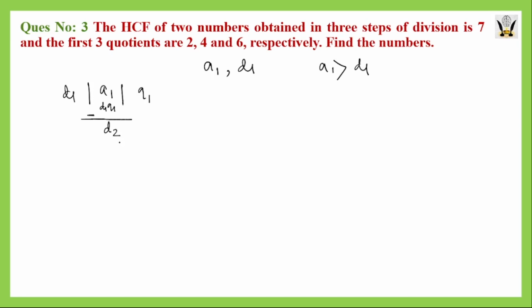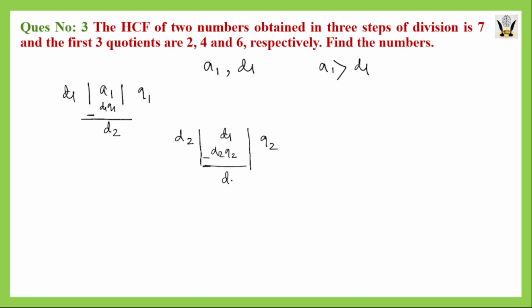If we assume that remainder is D2, then in the next step we take the remainder as divisor, and the divisor as dividend. When we divide, suppose our quotient is Q2, and this will become D2 Q2, and after subtraction we are going to have a remainder.